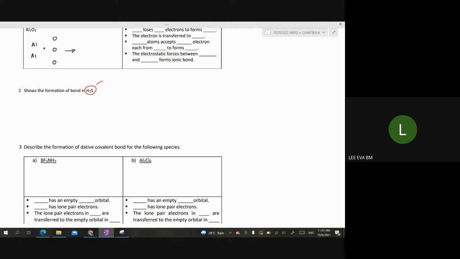So we will classify hydrogen as non-metal. So let's say over here H2S. So what bond exists in this compound? Catatkan hydrogen kita jadikan dia sebagai non-metal.